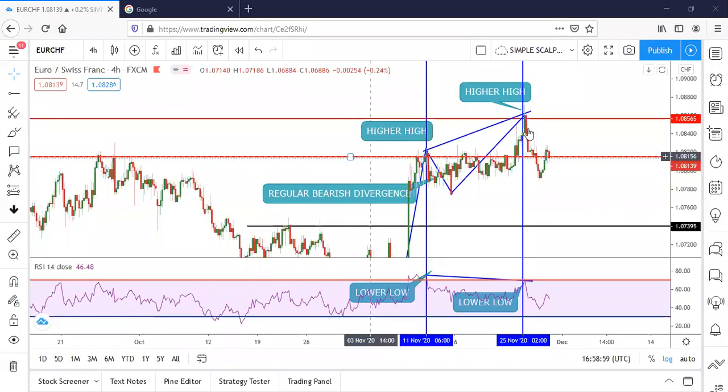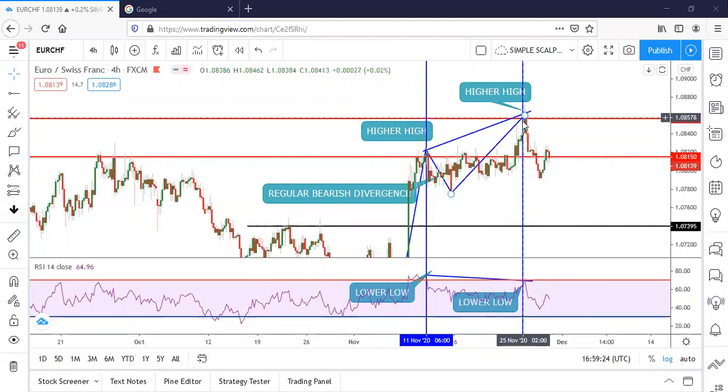If the bigger time frame is not giving you divergence, and you know very well that it's at resistance or support, go to your lower time frame, 30 minutes, 15 minutes, and spot divergence. But if you are able to spot it like this on a higher time frame, take your trade from 15 minutes from this area.